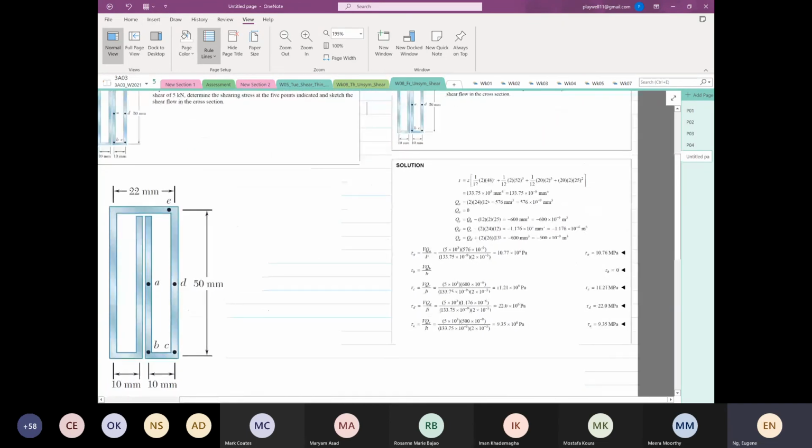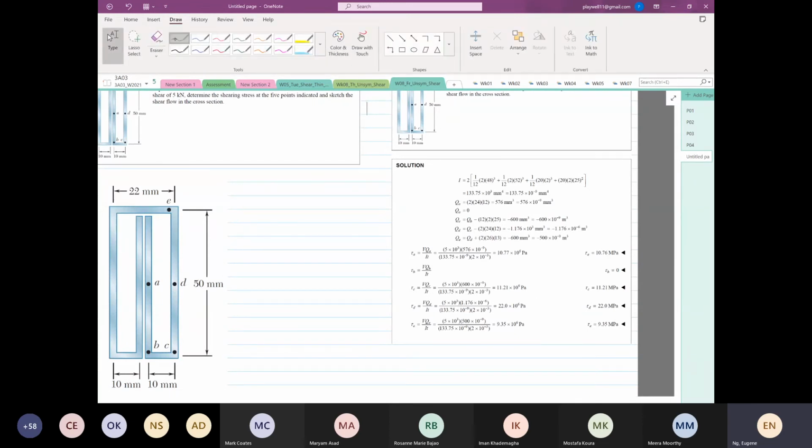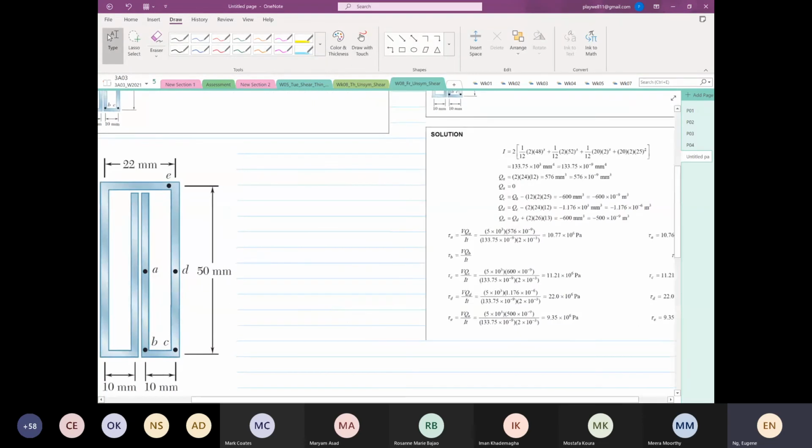So for this case, I'm going to make my life easy. I'm going to assume the centroid to be at the center.